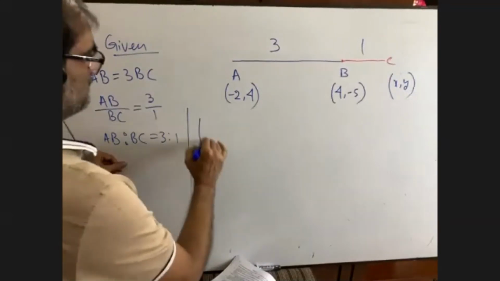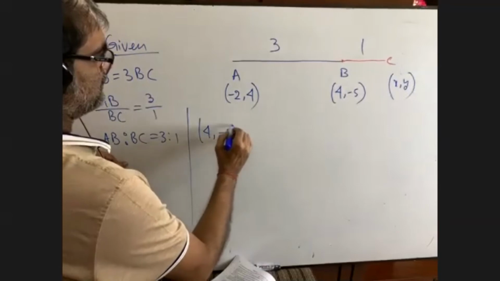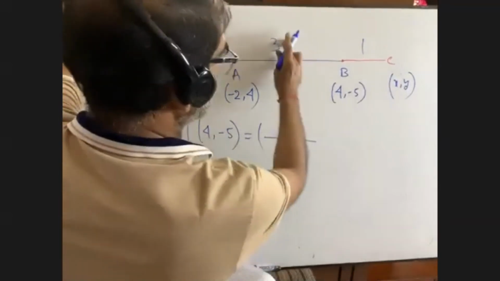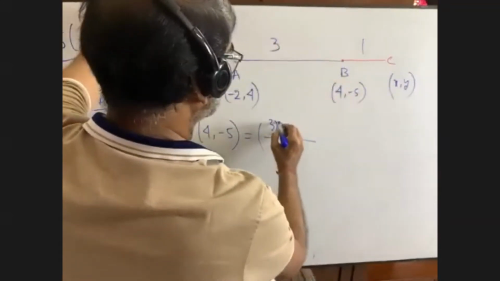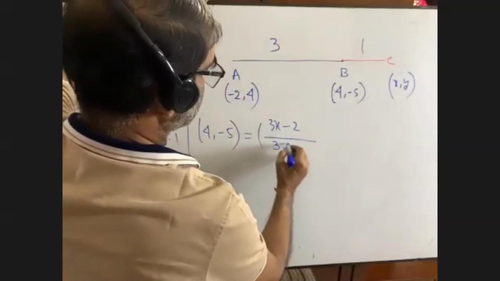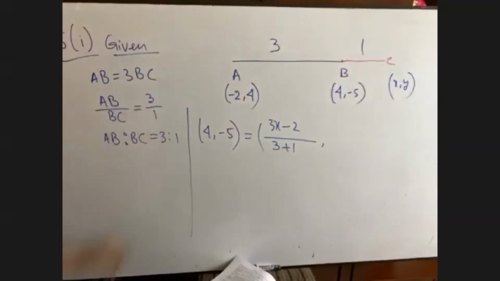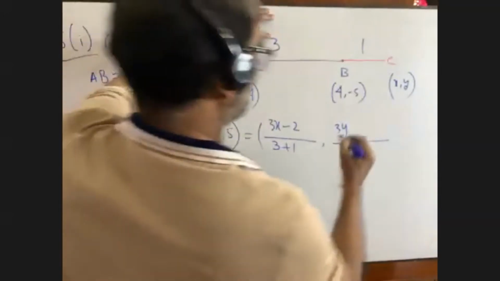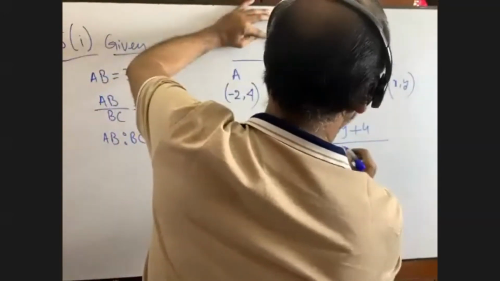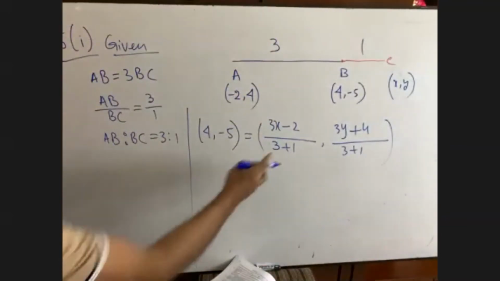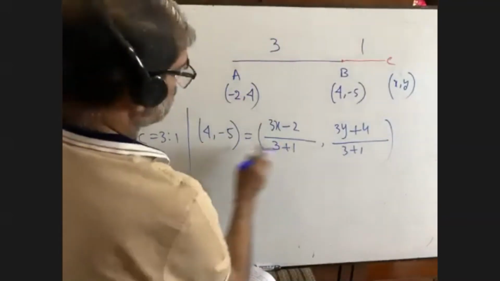So we are getting 4, minus 5 is equal to 3 into x, 3x, 1 into minus 2, by 3 plus 1. We are also getting 3 into y, 3y, 1 into 4, plus 4, by 3 plus 1.